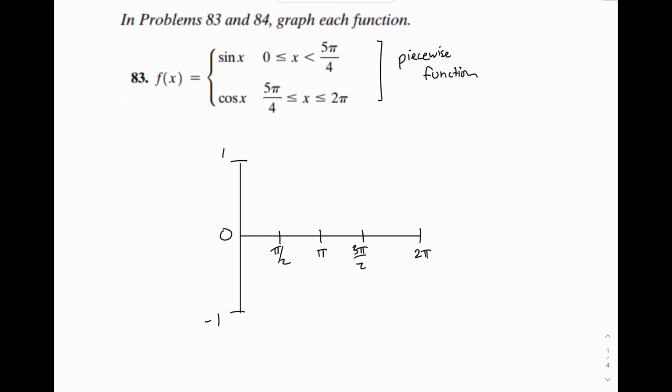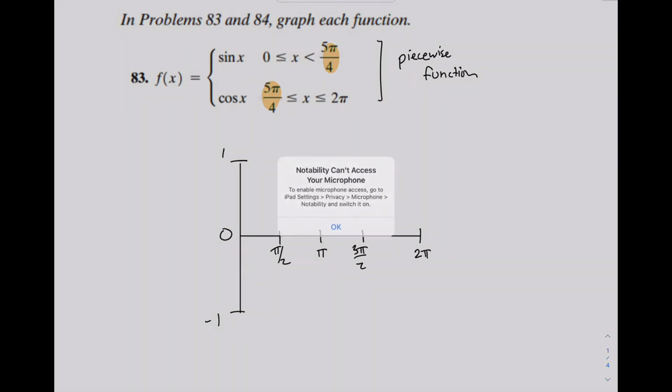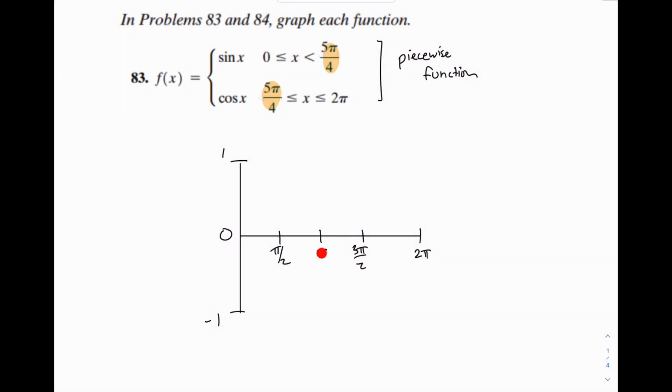Now the point of interest is definitely going to be 5 pi over 4, because we got to put a fence in where that would be. So I'm going to put a dotted line at 5 pi over 4. So that would be between pi and 3 pi over 2. So I'm going to put a dotted line right here. So that's going to be my separator. So that's going to represent 5 pi over 4.